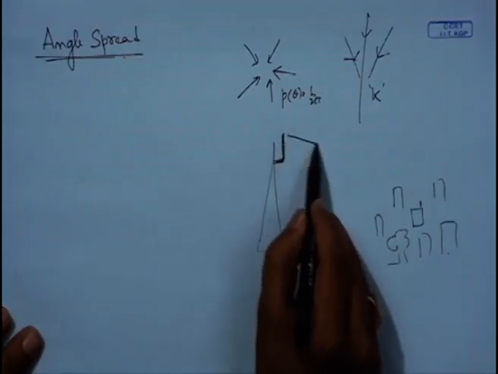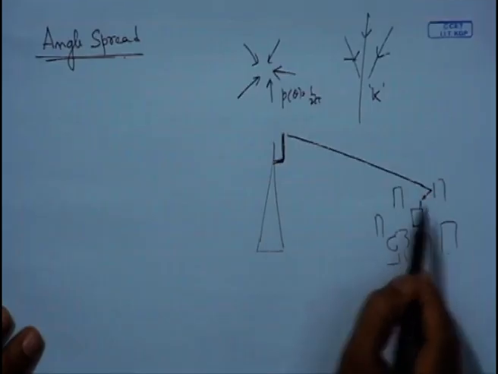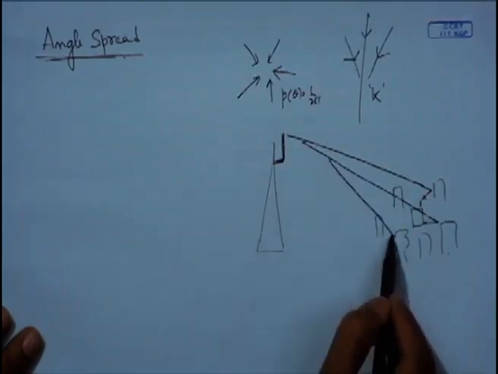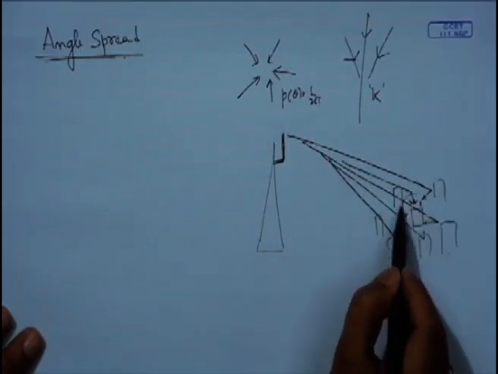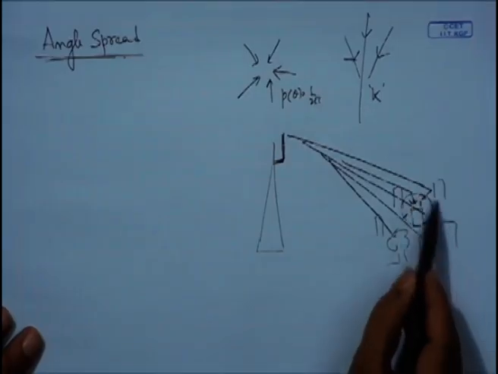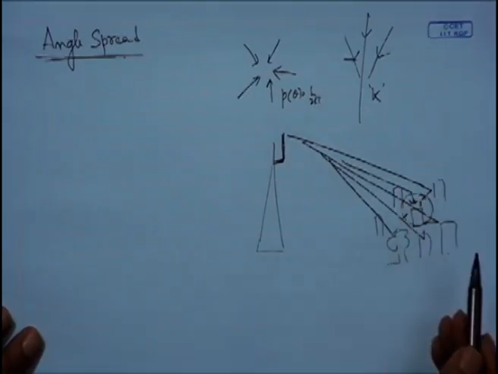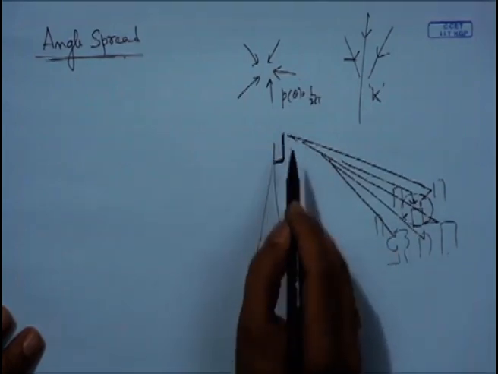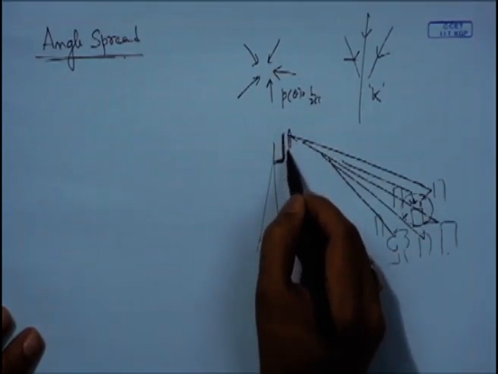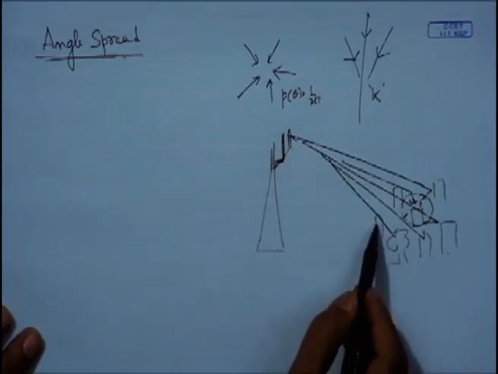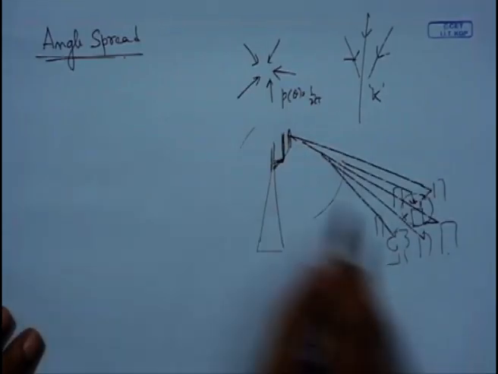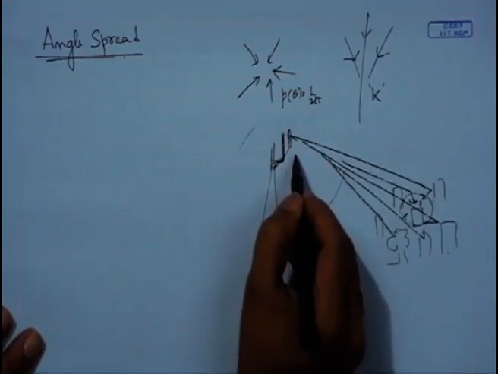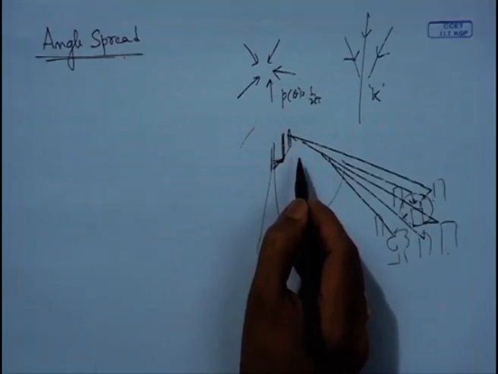That means the rays that come get reflected from different scatterers and so on. So usually at the mobile location we are going to get signals arriving from all directions with equal probability. This is more or less true, but if you look at the base station, suppose there are multiple antennas at the base station, it is not true that rays are coming from all directions with equal probability. So that means the angular spread at the mobile is not the same as the angular spread at the base station, and this is very fundamental. This is also very important in deriving certain results.